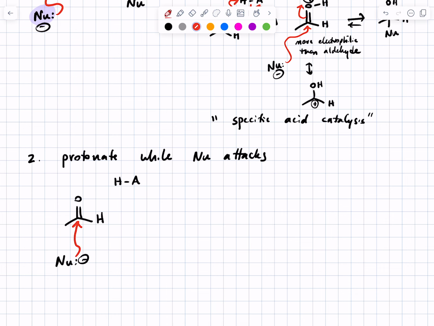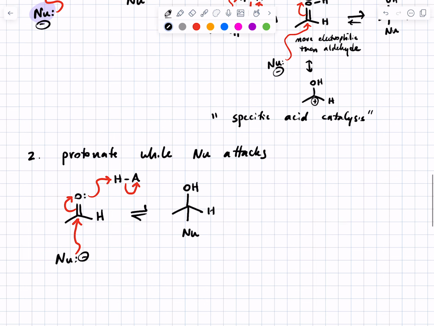So the nucleophile attacks the carbonyl carbon. We break the carbon-oxygen pi bond. At the same time, as negative charge is building up on the carbonyl oxygen, the lone pairs on the carbonyl oxygen remove a proton from the acid, and then we go directly to this intermediate.